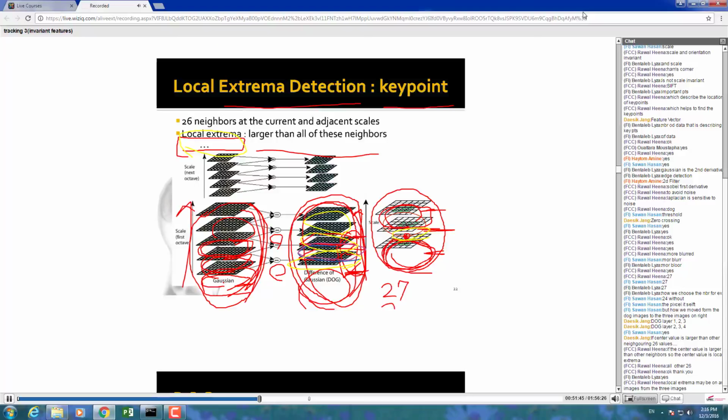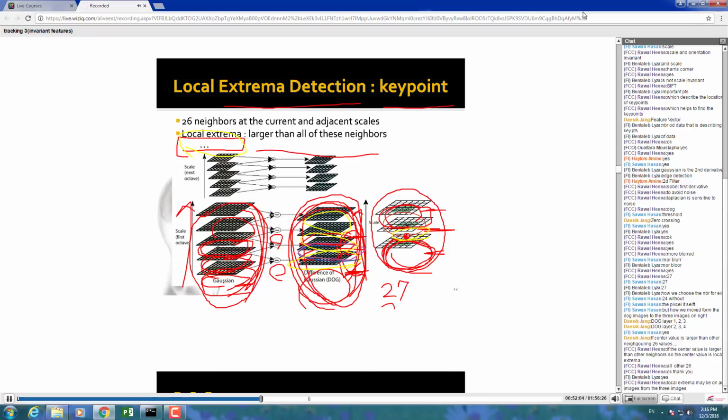Okay, so your question, local extrema may be on any images from the 3 images. Actually, it is based on the middle one. Okay, let's go back to this example.